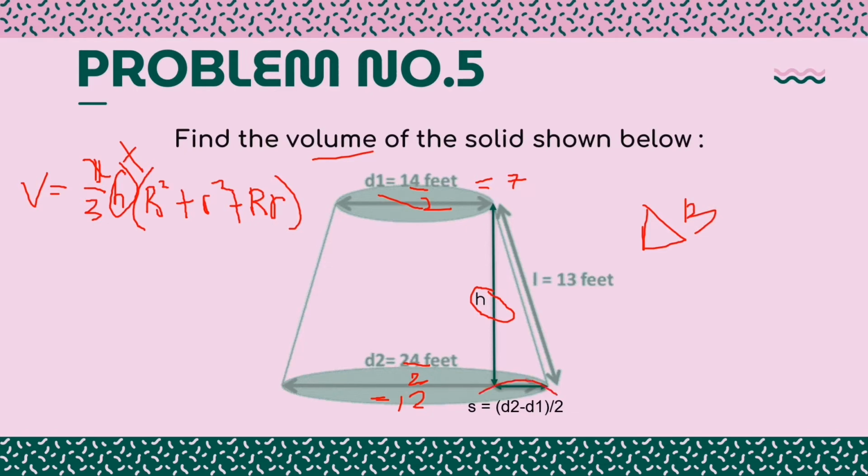To find this, we subtract the small radius from the big radius, which is 12 minus 7. So it is now 5. We let this be x. So our x is 5 and our height is unknown.